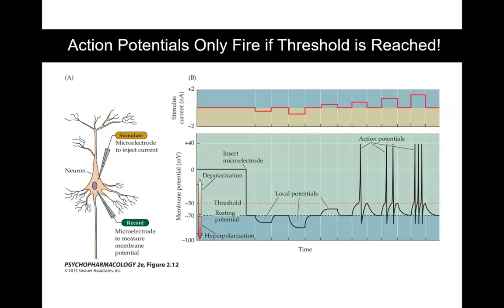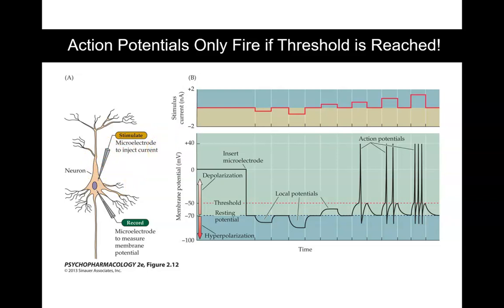So one of the things that you're going to see is that action potentials will ultimately only fire if the threshold is reached. You can see an example of this here. We use a small microelectrode to inject some type of current.